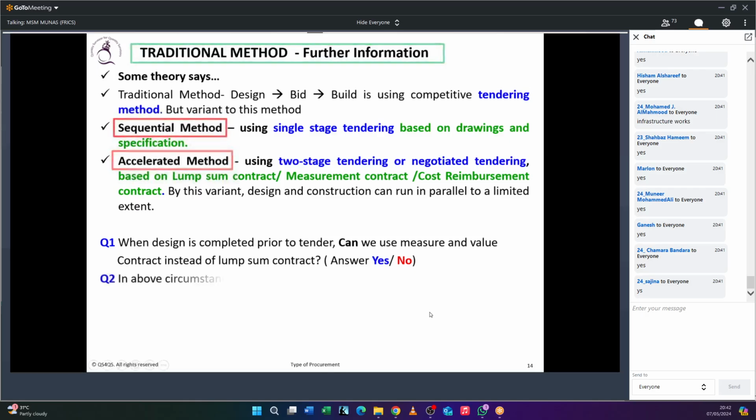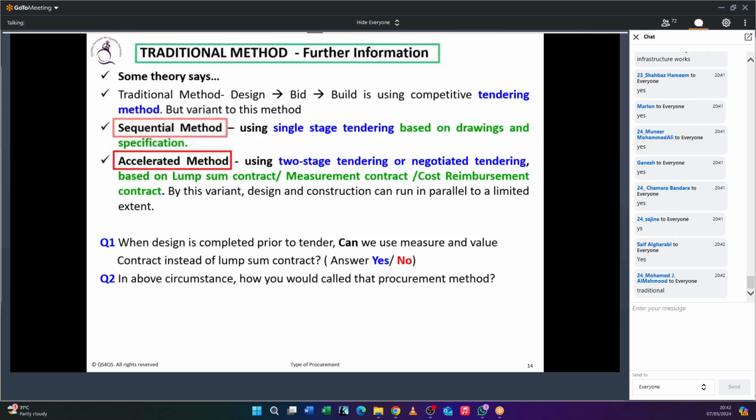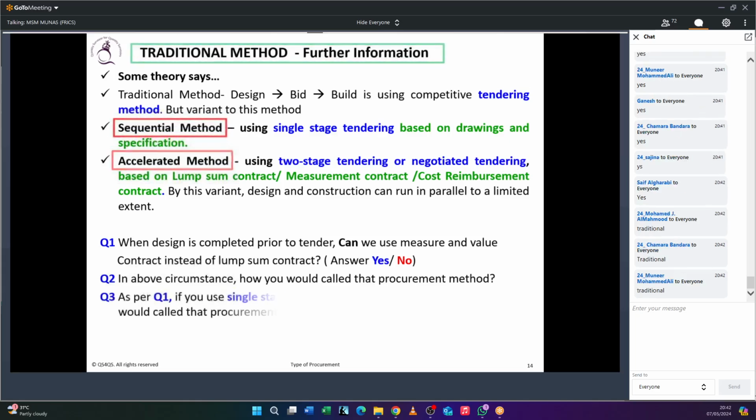Now, question number two, carefully. In the above circumstance, how would you call that procurement method? What is that? What is the procurement methodology? Traditional, very good.